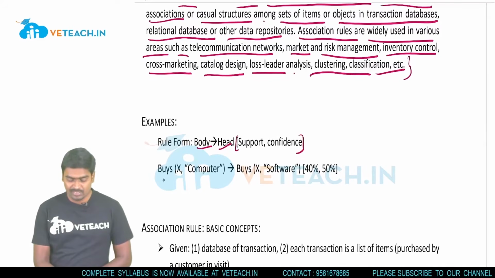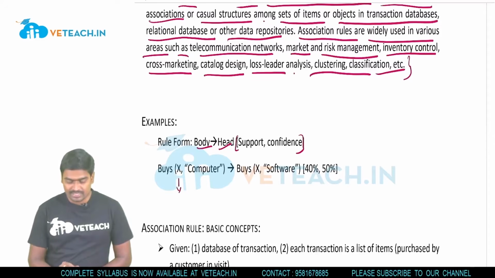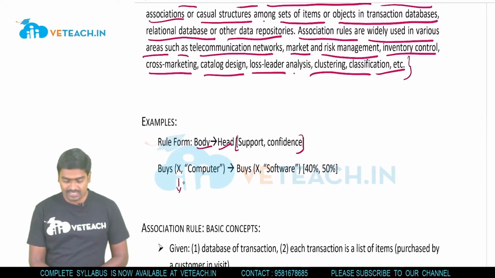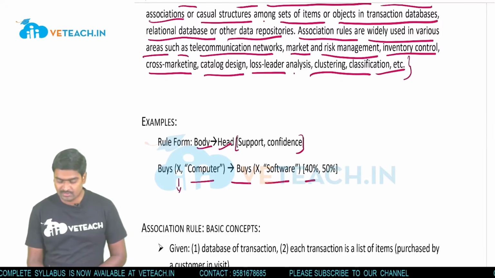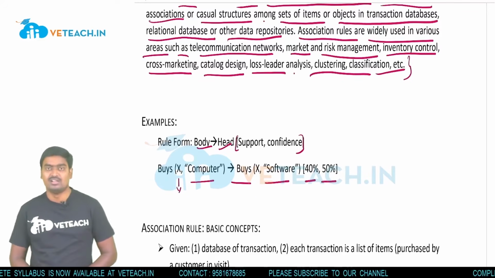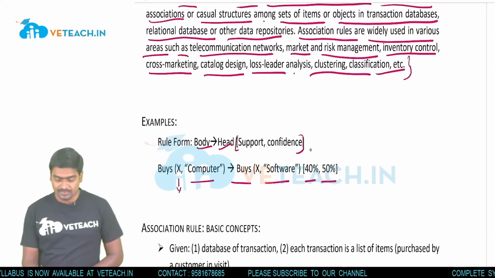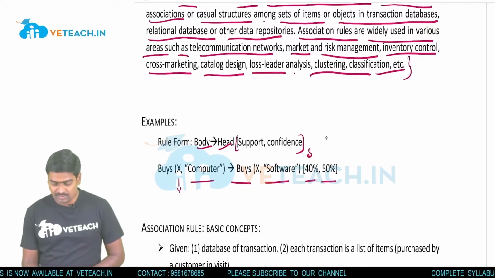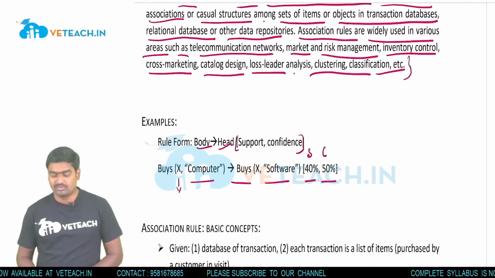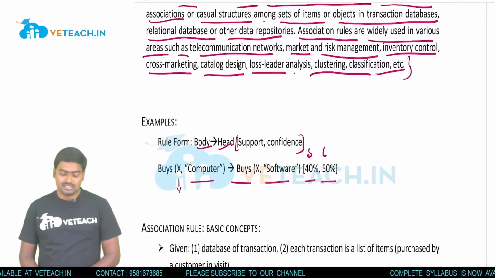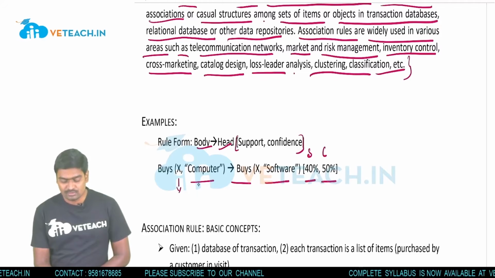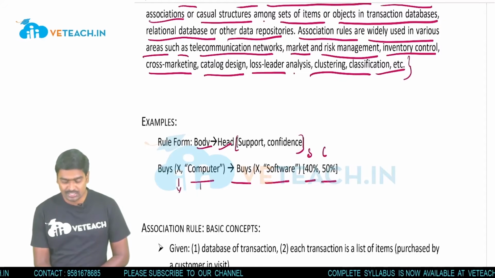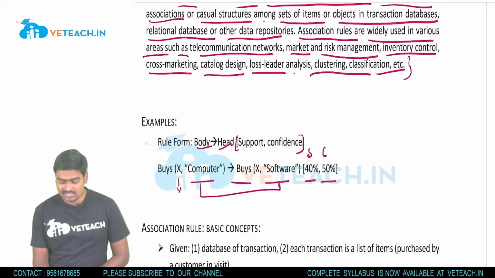For example, buys(X, computer) implies buys(X, software) with 40% support and 50% confidence. If a customer buys a computer, then they automatically buy software also.